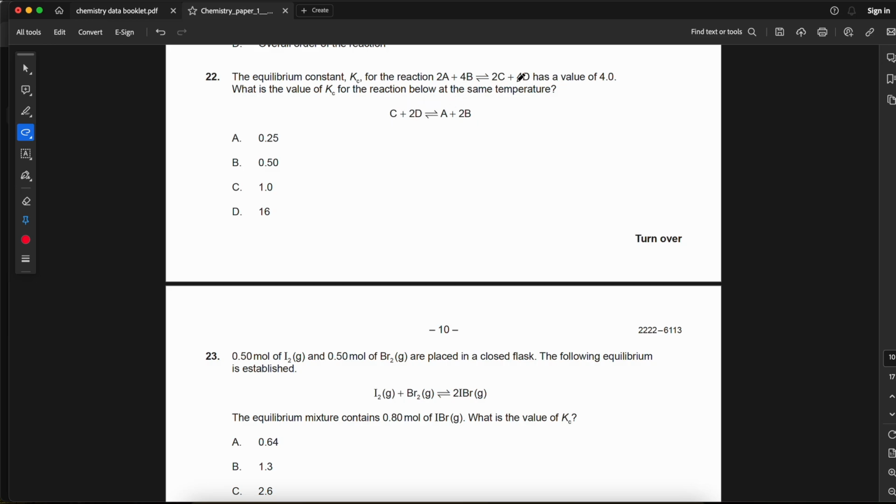So C becomes from product to reactant, so it's Kc to the power -1 as it is inverse, and half of the coefficient, which is square root. Okay, so first 1/4 and its square root, so 1/2, which is 0.5.